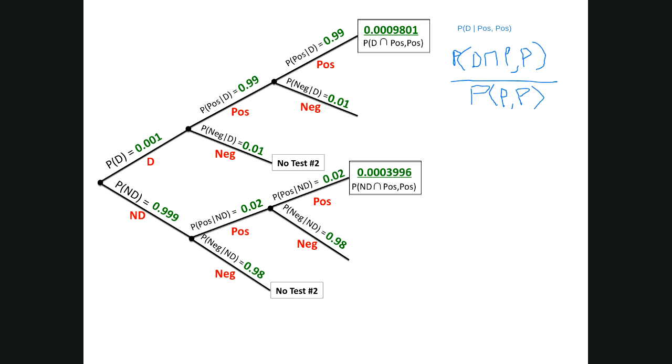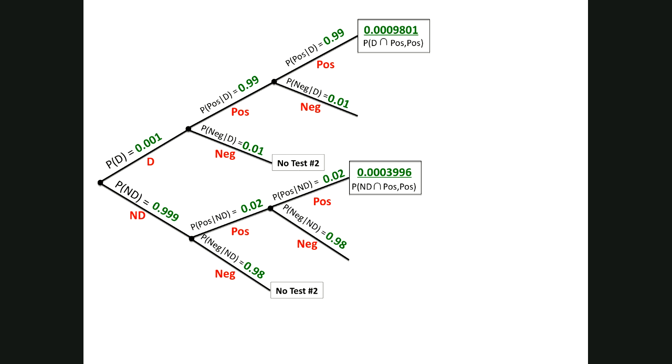Well, hopefully you can see that this value is the numerator. You have the disease and there's two positives. Well, the question you should have in your mind is, what's the denominator?